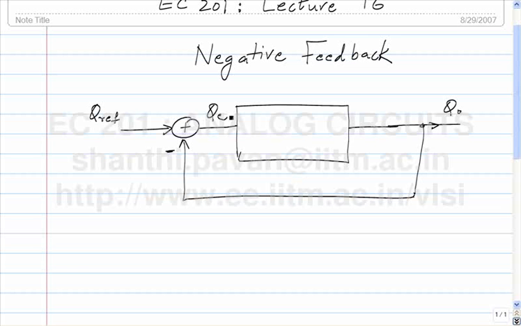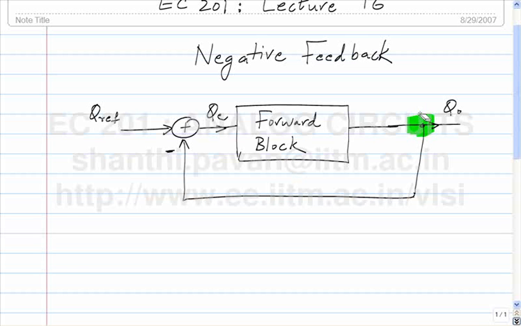So if there is any error between the reference and the output, then this is called the forward block, and the forward block gets very upset when there is a finite error and kicks this output in such a direction as to make the error ideally zero, but we'll see what the properties of the forward block must be in order that the error must be zero.